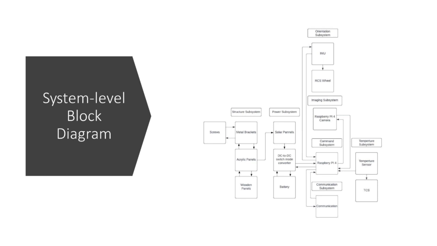The command system, which includes the Raspberry Pi, processes the information received from the camera and communication subsystem. The communications system receives commands and sends images to the ground station. The temperature subsystem helps maintain an appropriate temperature for sensitive components like the command subsystem.